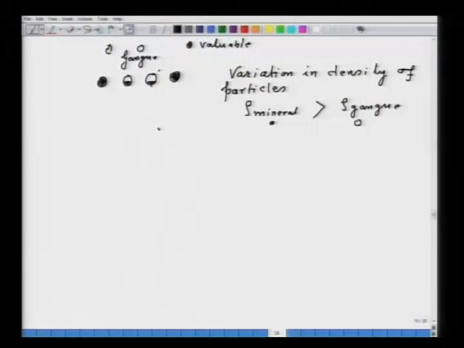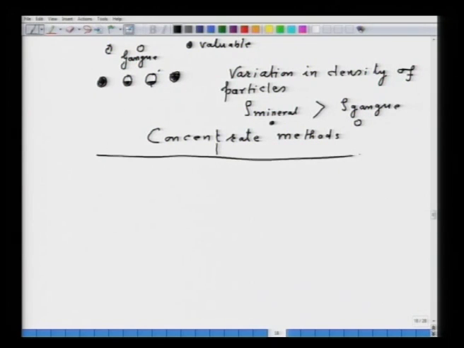So, now what we have to do? We have to separate a valuable mineral from the gangue mineral. So, essentially most of the concentration methods are based on density. So, I will list down all the methods. Say first method is based on appearance.